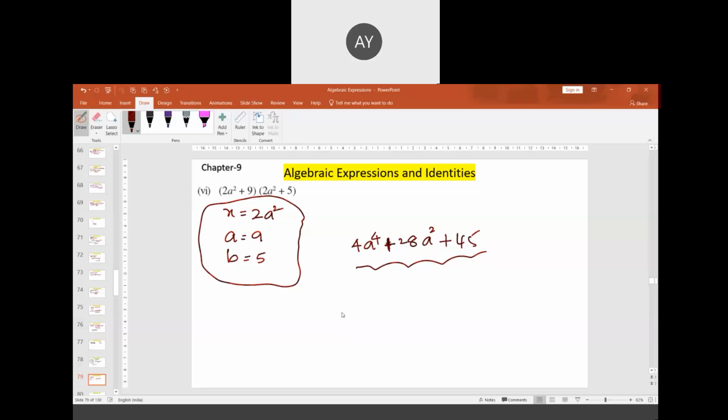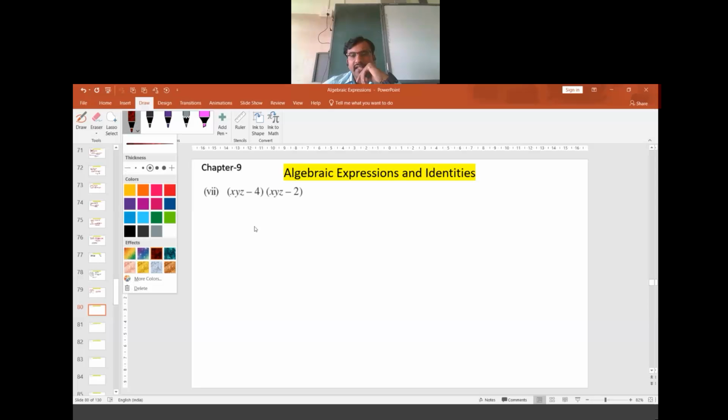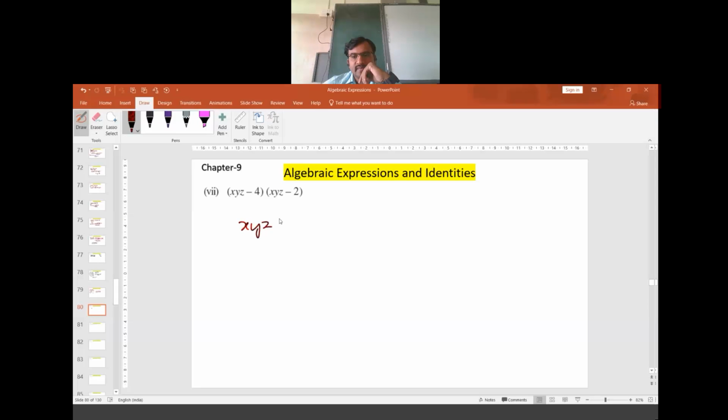Now, if you are familiar, it becomes easy to write the direct answer. If I want to write the direct answer, x square term is x, and a term is minus 4, b is minus 6, xyz plus 8.